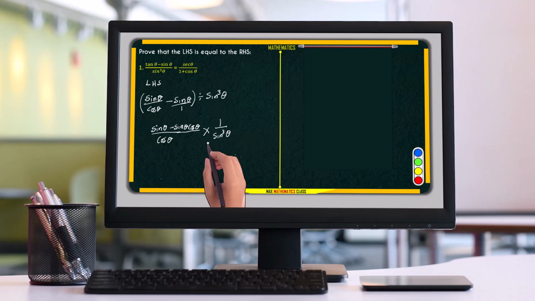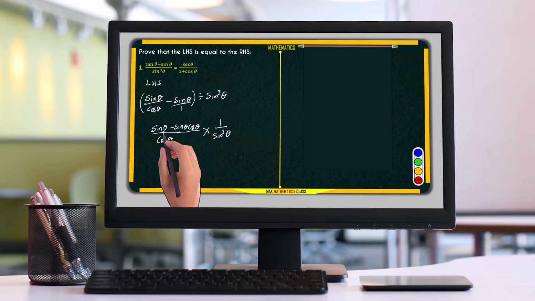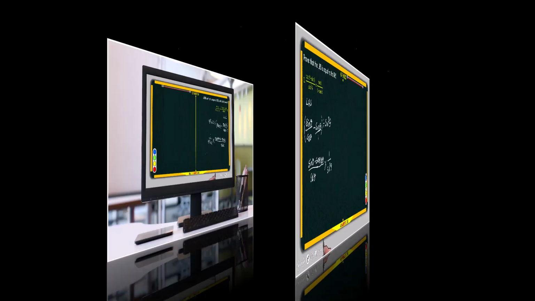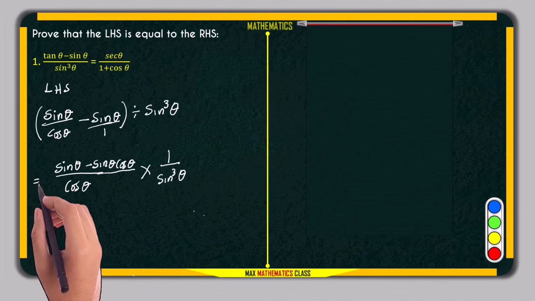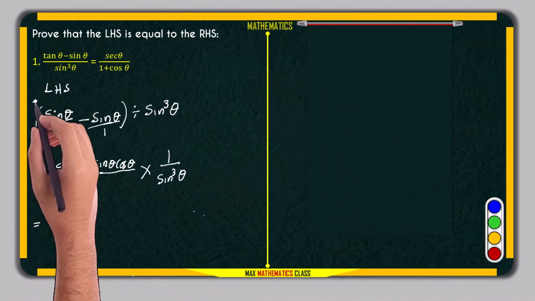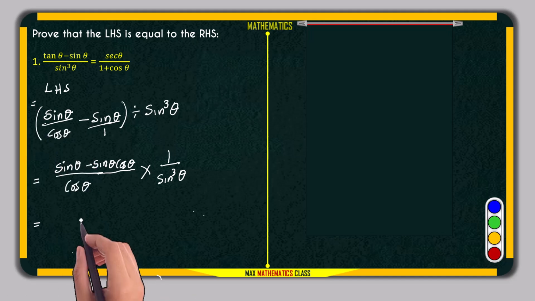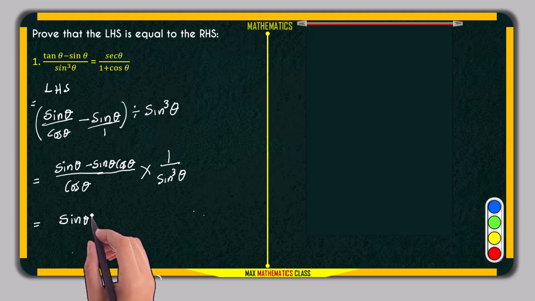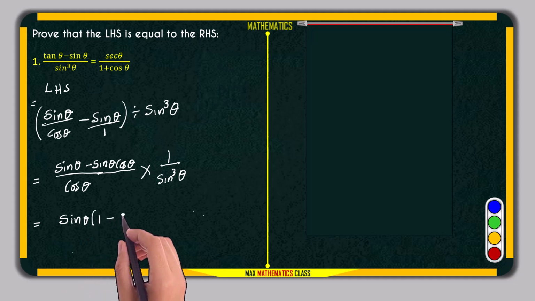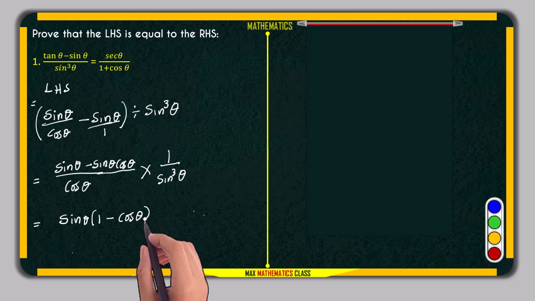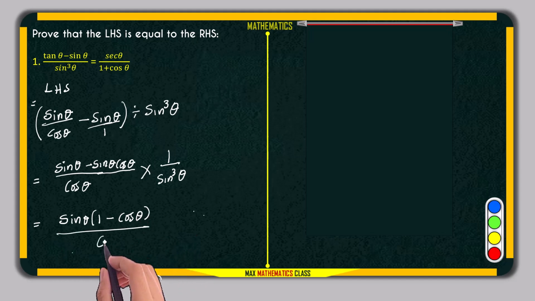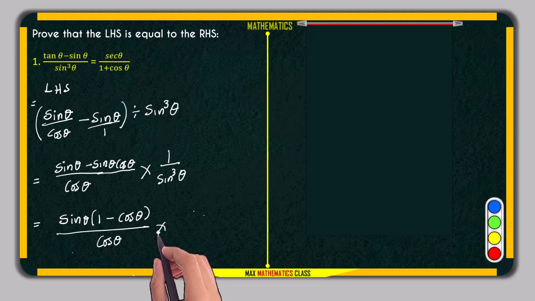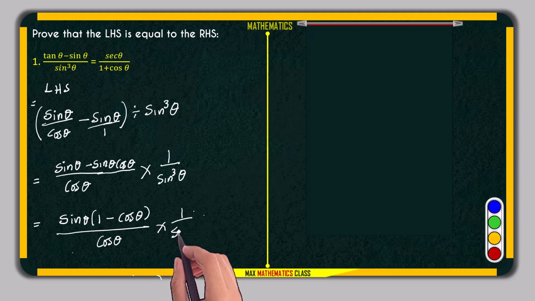So after this, you will notice that in the numerator of this fraction here, sin theta is common, so we factor it out. So this will be equal to sine theta open bracket 1 minus cos theta, all over cos theta, times 1 over sine cube theta.